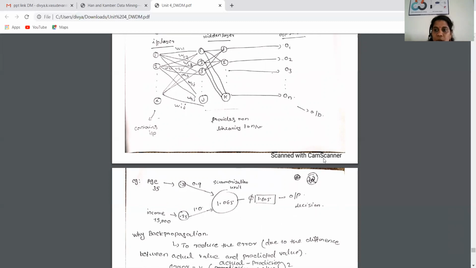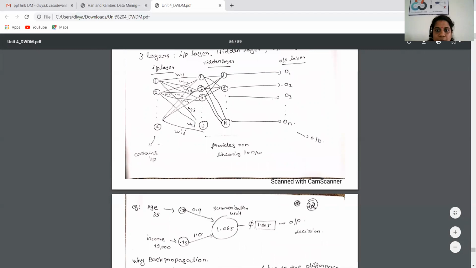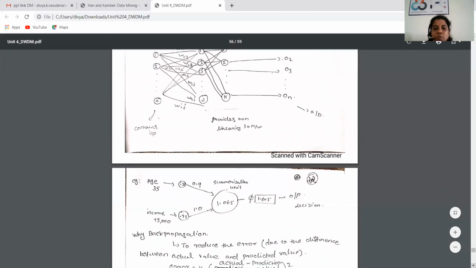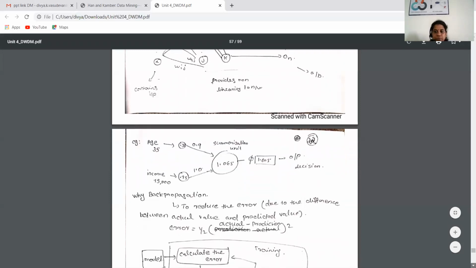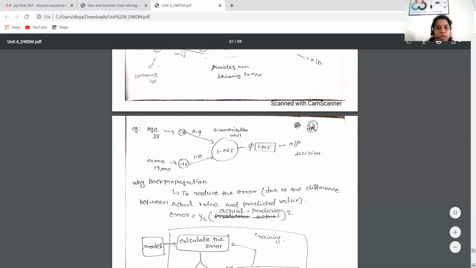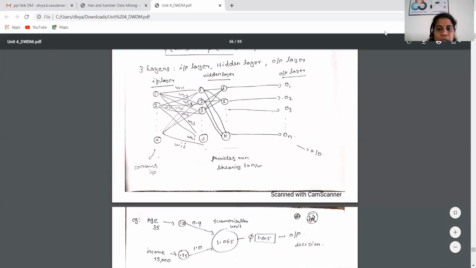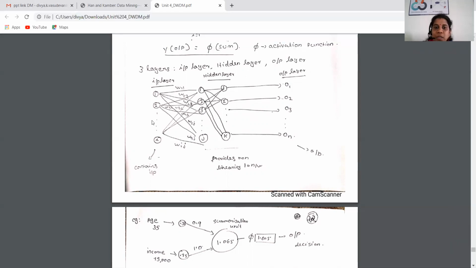As we said, a neural network consists of an input layer, hidden layer, and output layer. Now coming to classification based on backpropagation. To do classification using a neural network, we design a particular neural network and randomly assign the weights to the network.